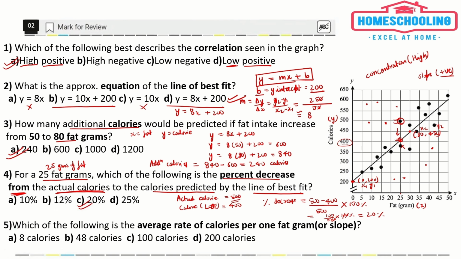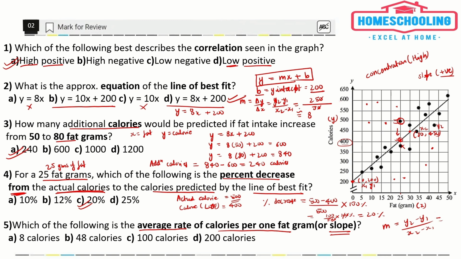Question number 5: which of the following is the average rate of calorie per 1 gram of fat? Whenever we have to find an average rate of calorie or anything per gram or per unit, that means we have to find the slope. We know m is equal to y2 minus y1 divided by x2 minus x1.